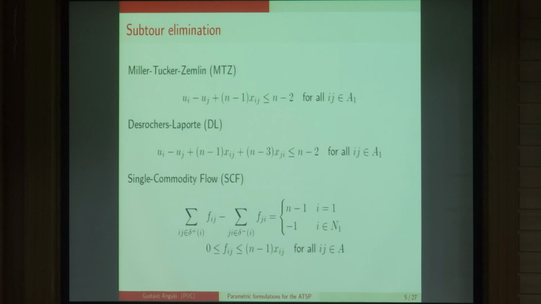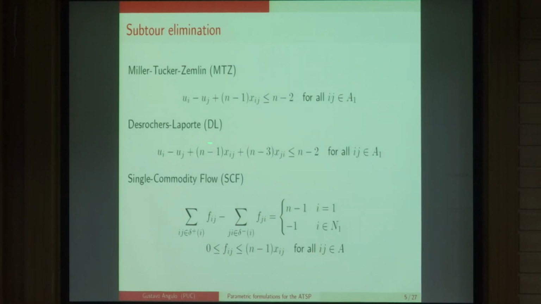So these constraints imply connectivity, okay? Because when we have subtours, we have a disconnected graph, and we want to avoid that, okay? So this implies connectivity. Good.